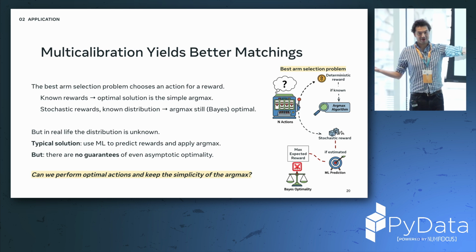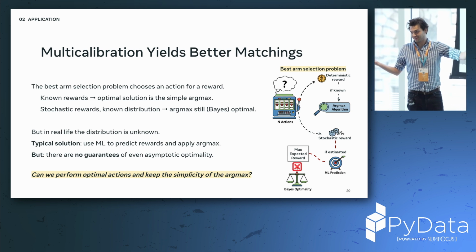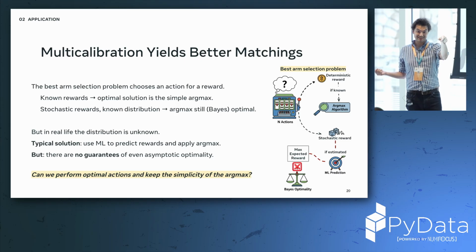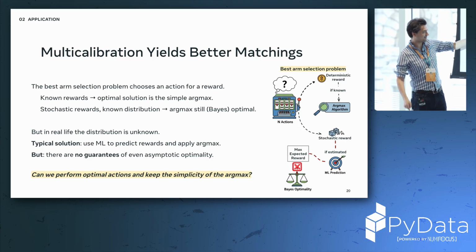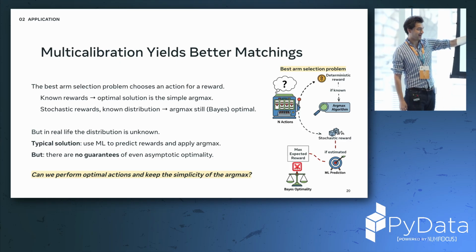So going back to the integrity setting, we estimate the consequence of investigating this transaction for fraud and of not investigating that transaction for fraud, and we just do whatever we think is better.